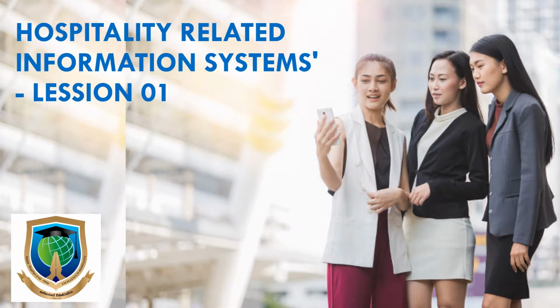So we have to understand that each and every hospitality industry, especially hotels, use different types of information systems, simply called softwares. So we'll see what are the softwares specially used in our industry.